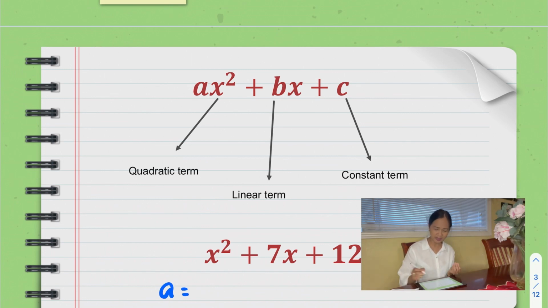In which case, I don't see a number written before x squared, but I know that that number is equal to 1 because we don't normally write 1 as a coefficient. That said, my a is equal to 1. B is the coefficient of my linear term, so my b is positive 7. And c is your constant term. So in my specific example, my c is equal to 12.